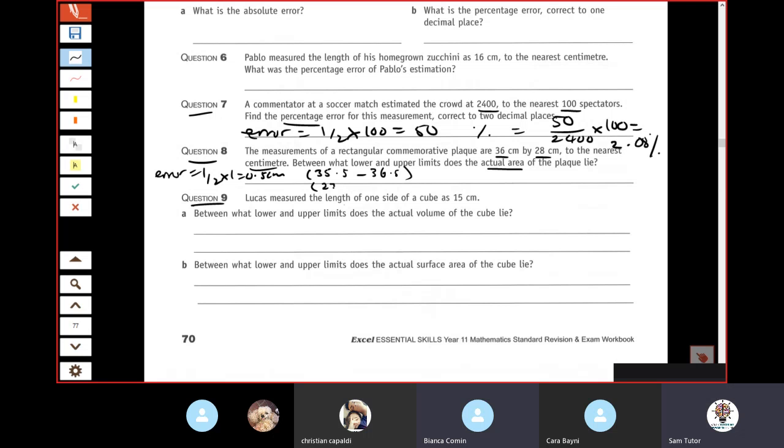It's going to be 27.5 to 28.5. Which means my area is going to be between 35.5 times 27.5, which is 976.25, and 36.5 times 28.5.